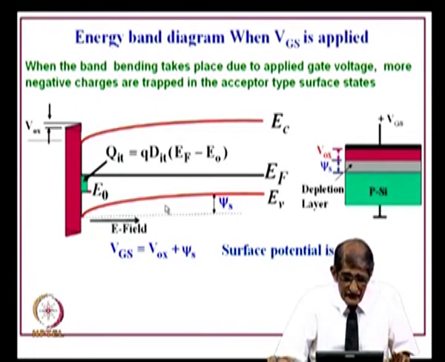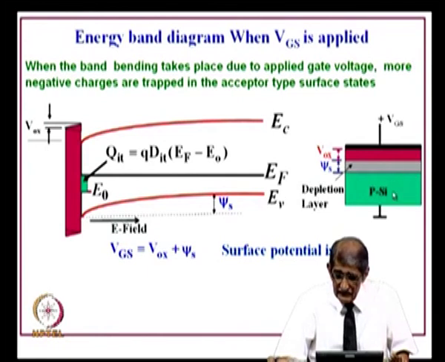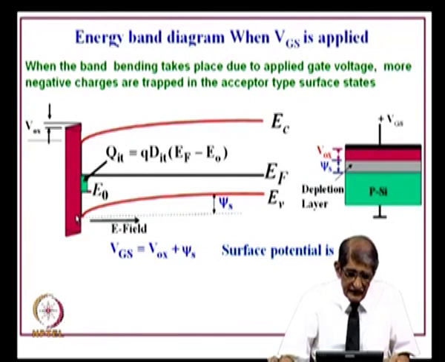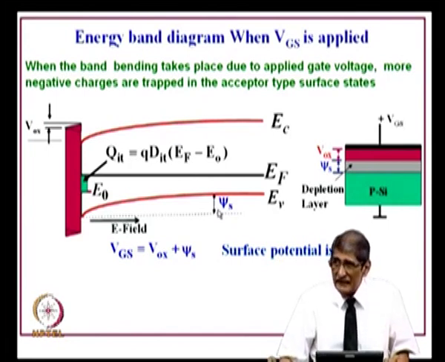Now, you can see the EF in the bulk interior, the neutral region here, is decided by the doping, p type material doped. How much doping, that decides this distance. Now, on the surface, the distance between the EF and the valence band edge is more than this one, because it has got depleted.